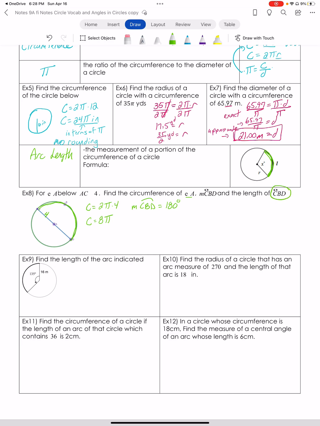The length of arc CBD is actually going to be 1/2 of your circumference because this is the portion of a circle. This is 180 degrees over 360. That's where that came from. Okay. It's going to be half of 8 pi. So the length of CBD is going to be 4 pi.